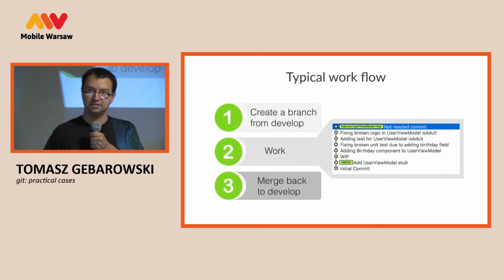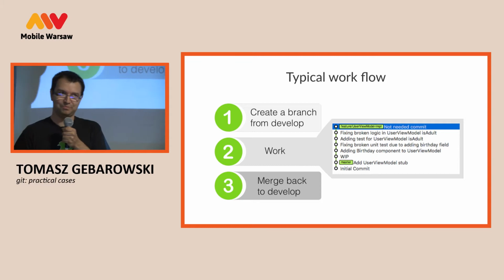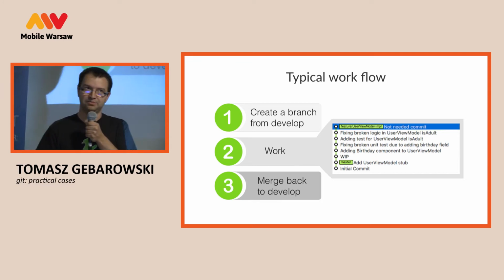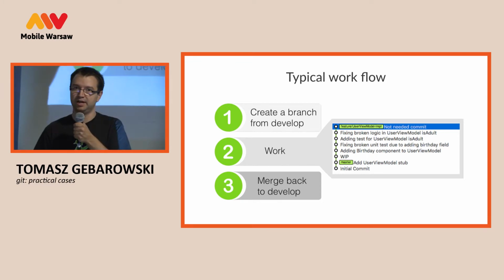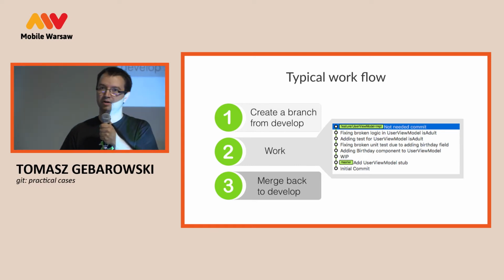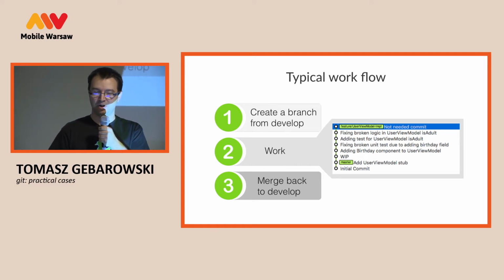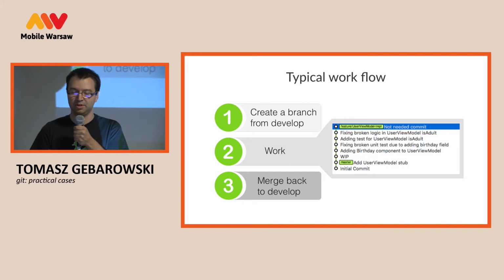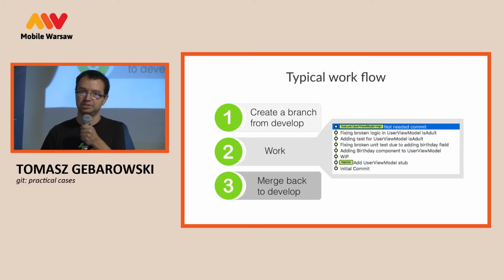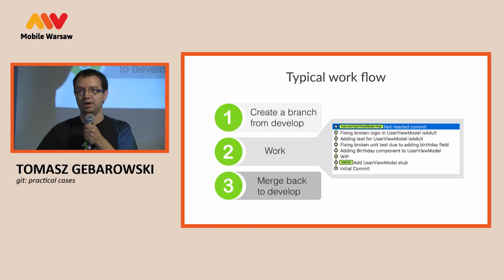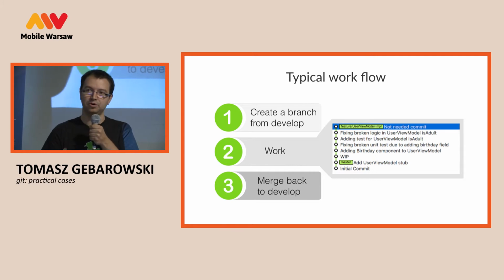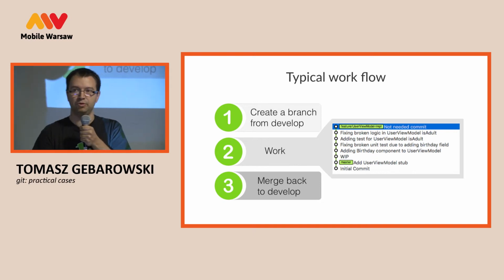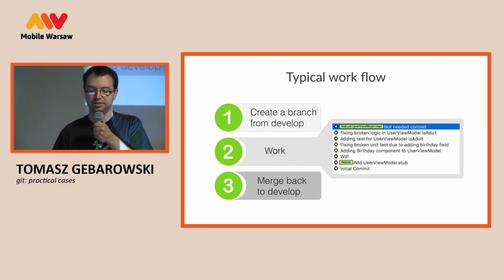Okay, so we all probably work in some variation of Git flow, and usually our flow is similar to the one depicted on this diagram. We are either creating a branch from develop when we are working on a feature, or creating a branch from release to make a bug fix, for example.